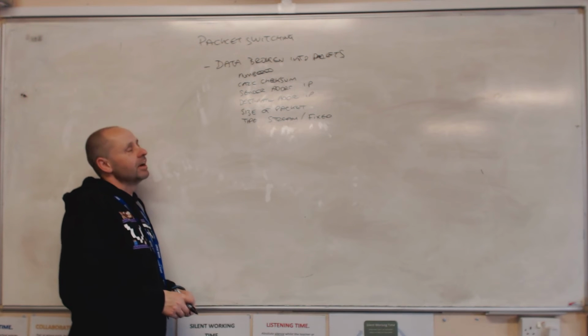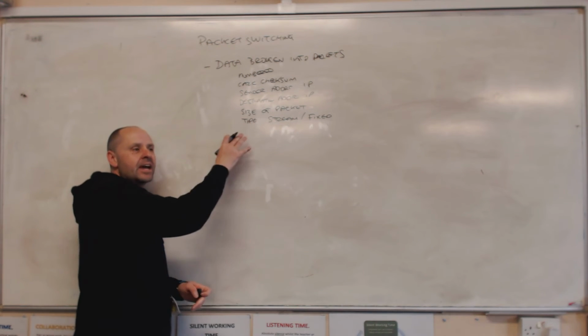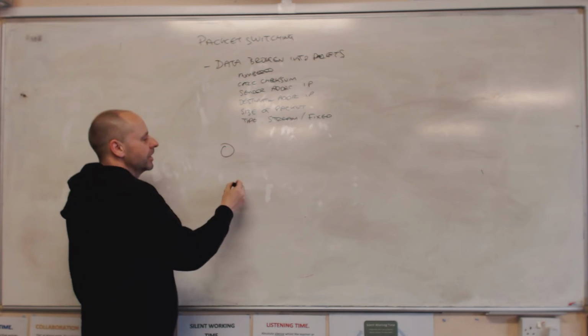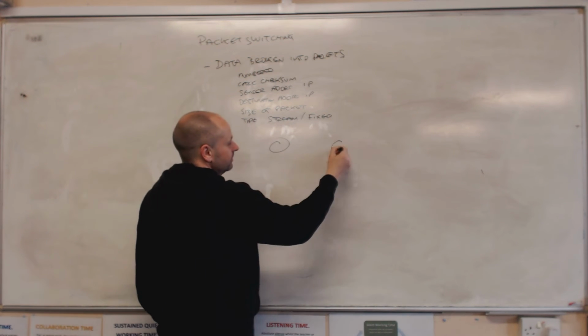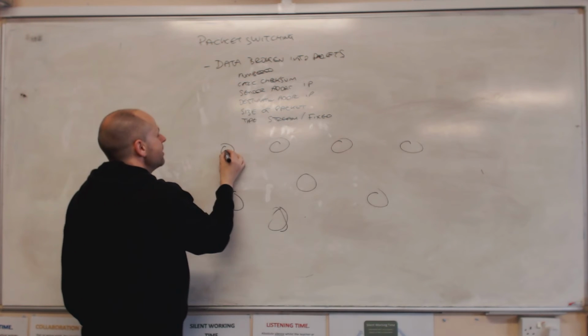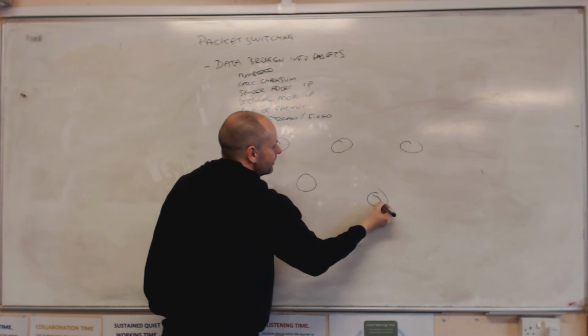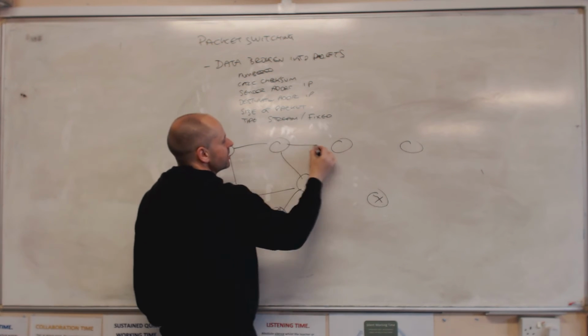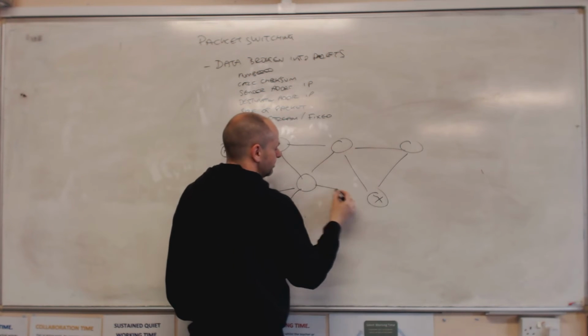Anyway, something else. Right, so we do this, we break the data into packets, and then we transmit it across our network. So our network is a partial mesh, or a mess, could be a mess. And we may be transmitting from here to here. Each packet makes its own route to the destination.